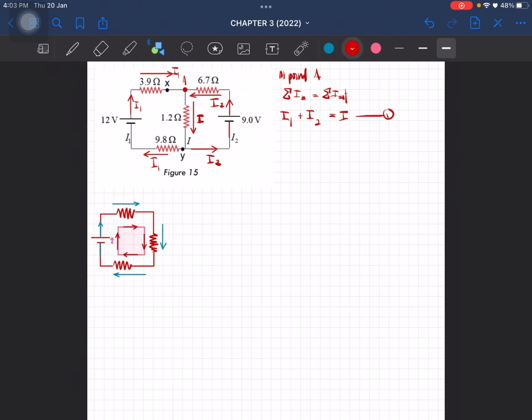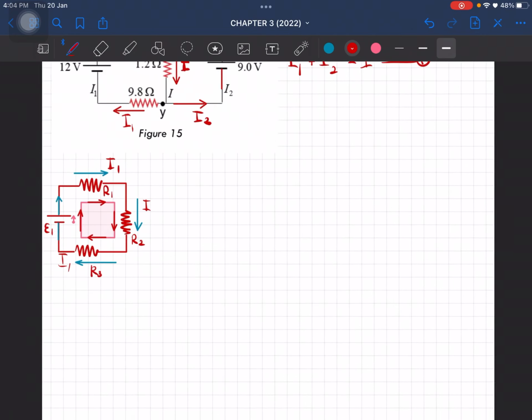Okay, also I'm going to label it. So this is E1. Sorry. This is EMF 1. Okay, and then I'll call this one as I1 and R1. Okay, then this is I and this is R2, and then this one here is R3 and I1.